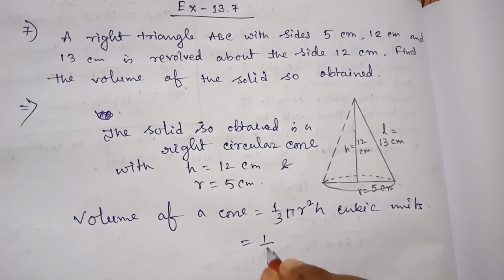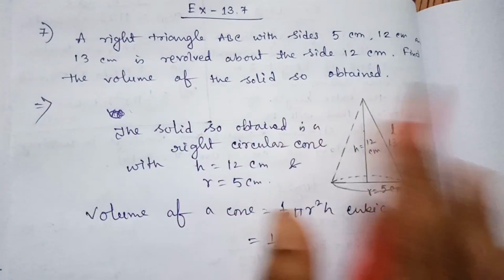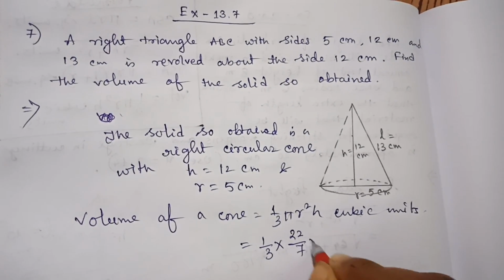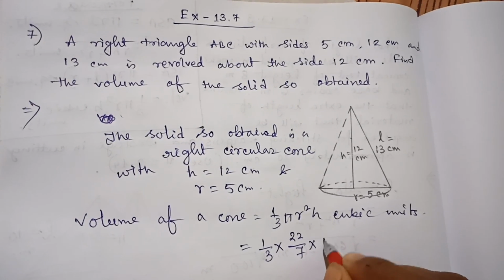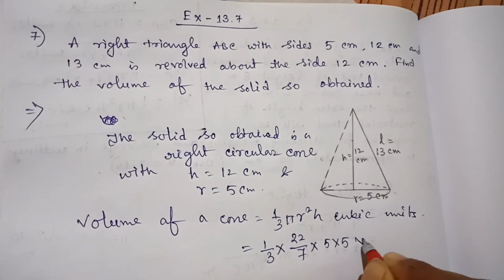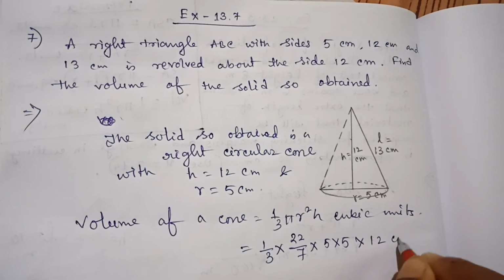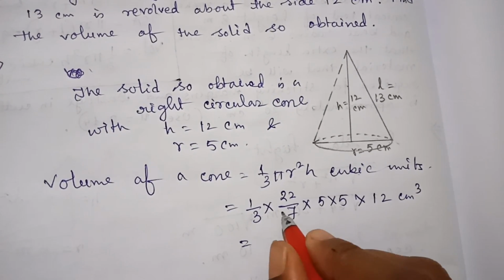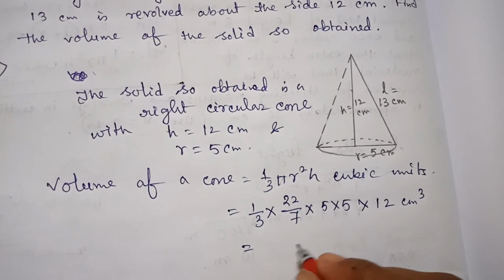That is equal to 1/3. Here nothing is given for pi's value, so we can take 22/7. r square means 5 into 5. h means 12. It's centimeter cube. So nothing is being cancelled.